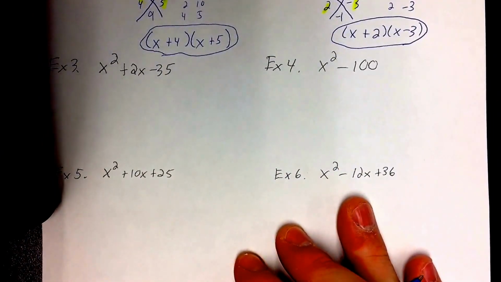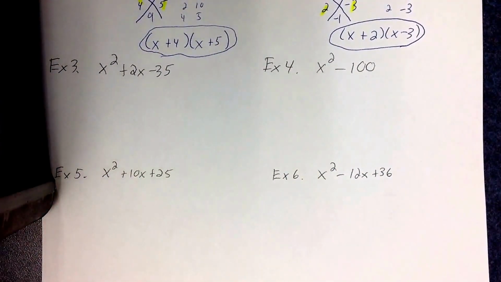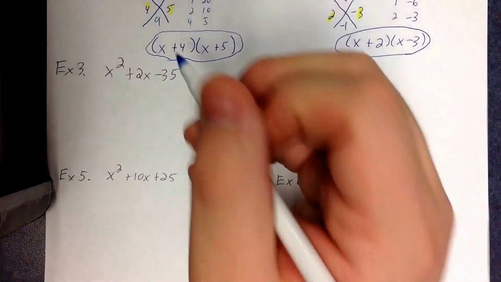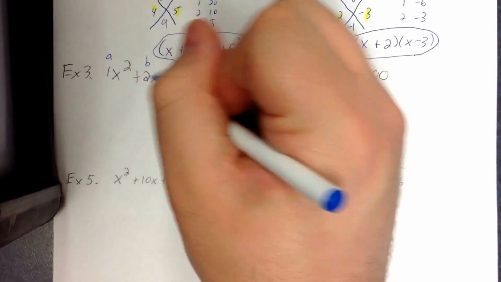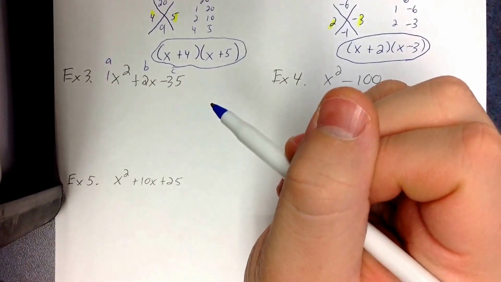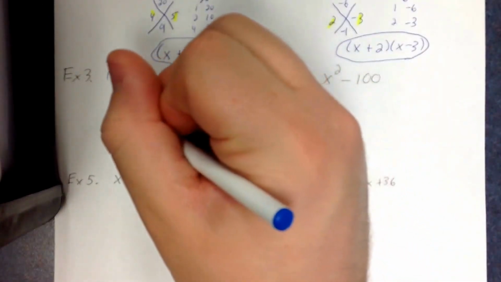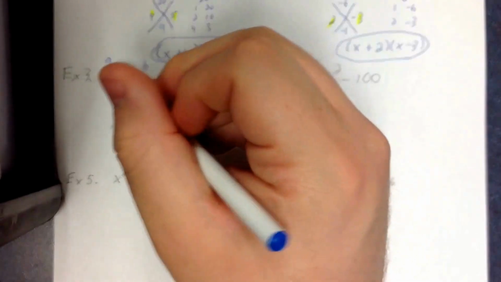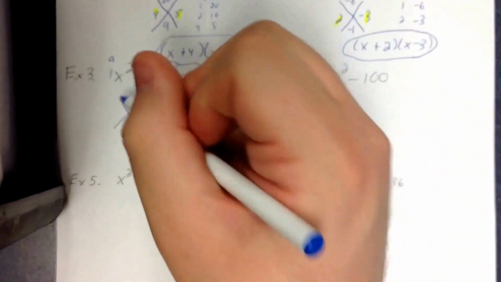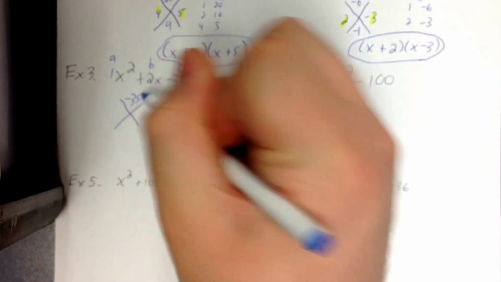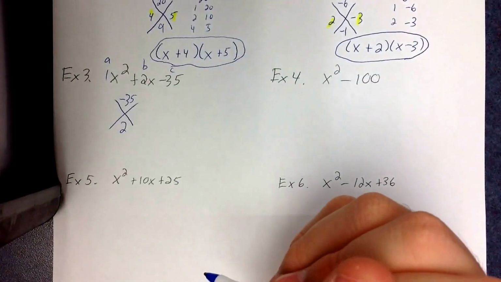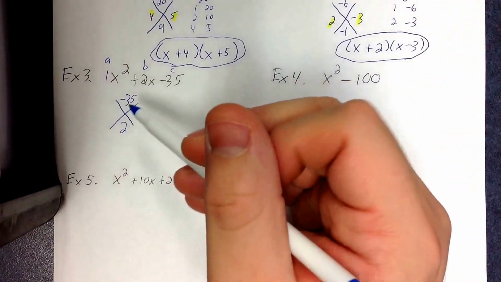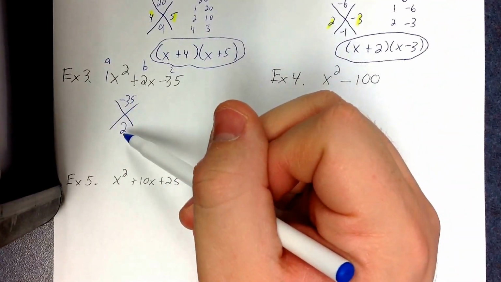Okay, example 3, x squared plus 2x minus 35. So again, A would be 1, B would be 2, and C would be negative 35. So on top of my diamond, A times C, so 1 times negative 35 is negative 35. B is on the bottom, so I got 2 on the bottom. So I got a negative on top and a positive on the bottom.